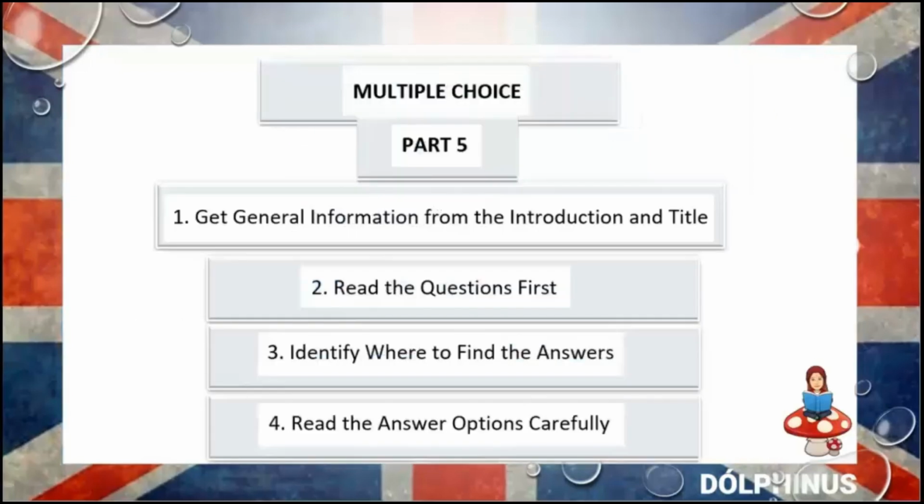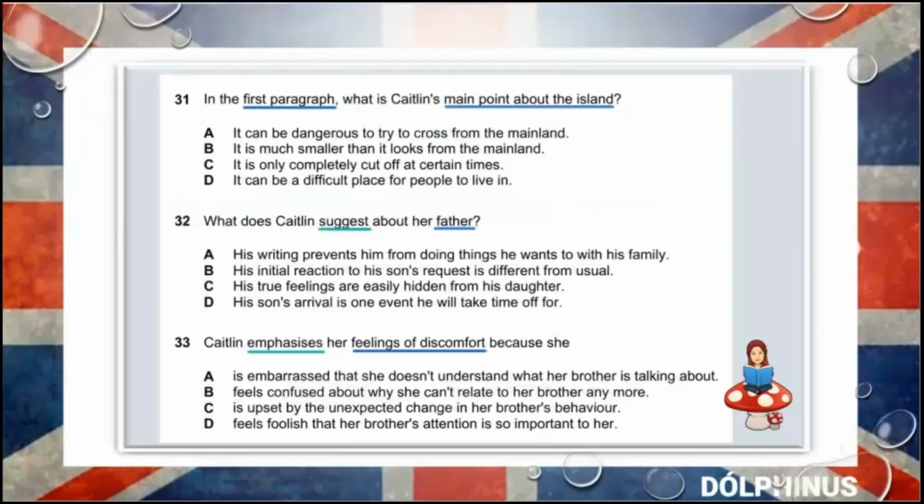So remember, these are the steps that we have to follow when doing this exercise. We get the general information from the introduction and the title. We do not read the text, but we go directly to the questions where we underline the keywords, where it's placed, and what information we have to look for.